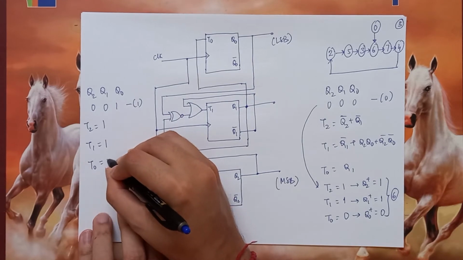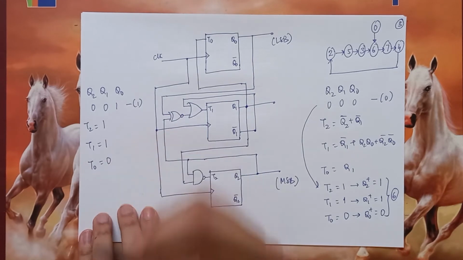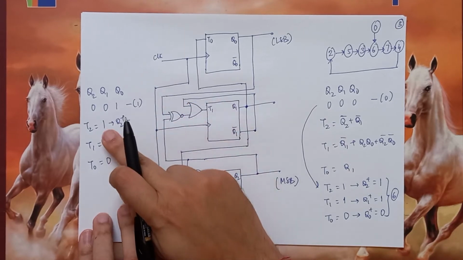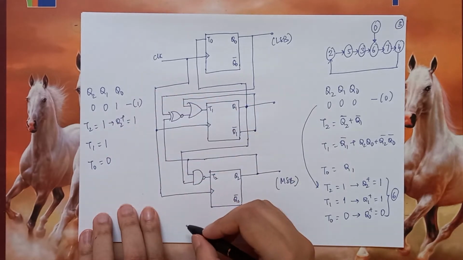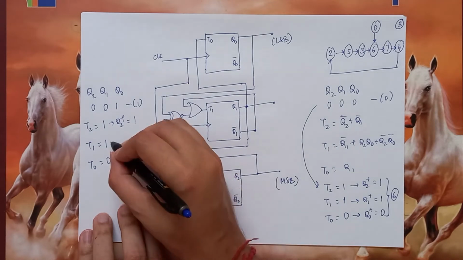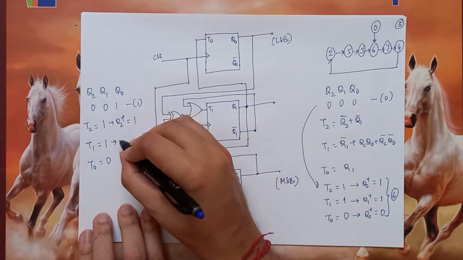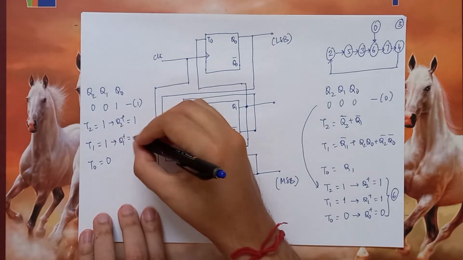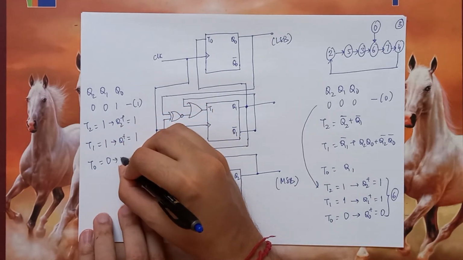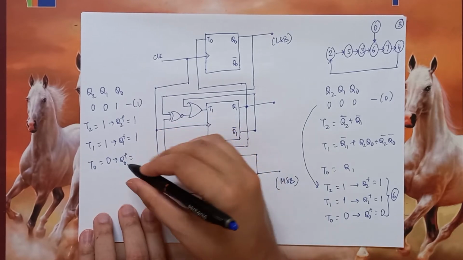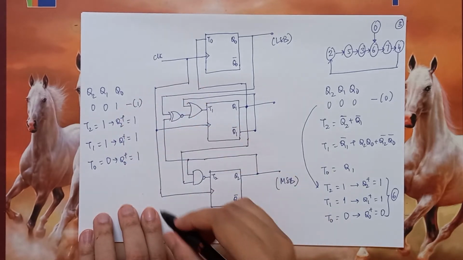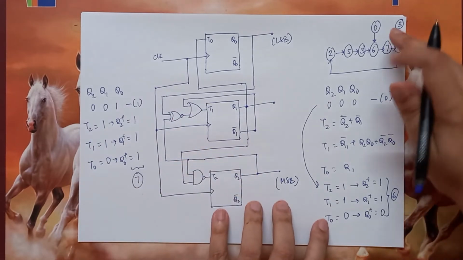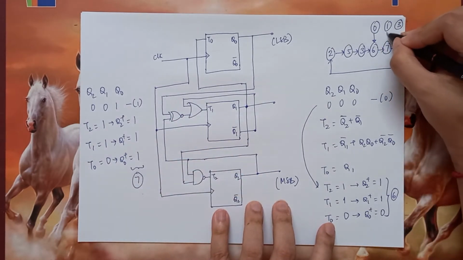And T0 is Q1, which will be 0. So Q2 plus will be the opposite of Q2, which is 1. Then Q1 plus will be the opposite of Q1, that will also be 1. And Q0 plus will be the same as Q0, which is 1. So here 1, 1, 1 means the next state is 7. So if the present state is somehow 1, the next state goes to 7.